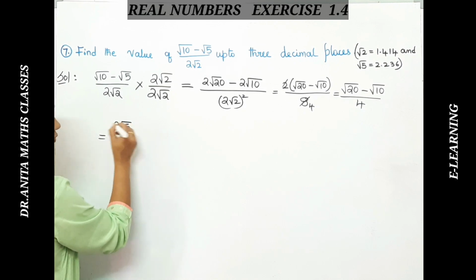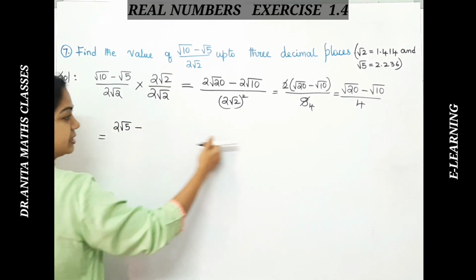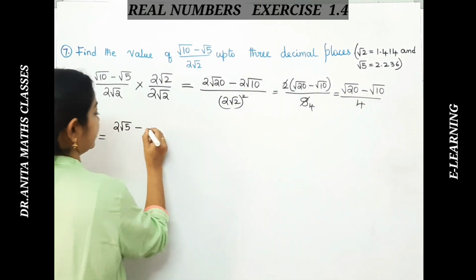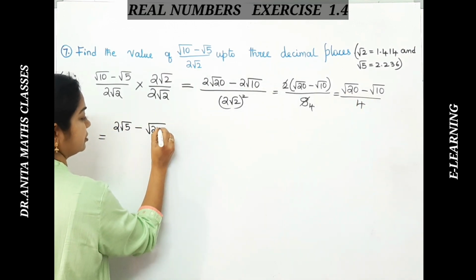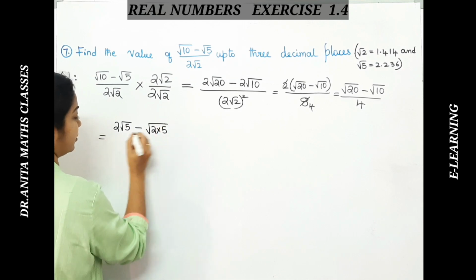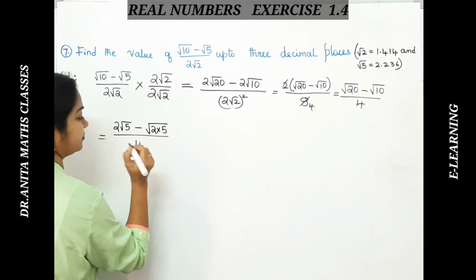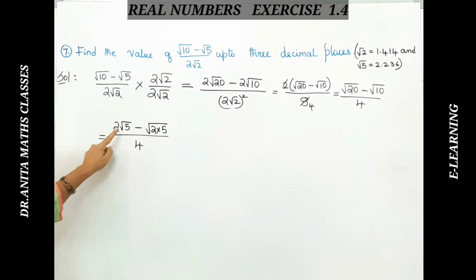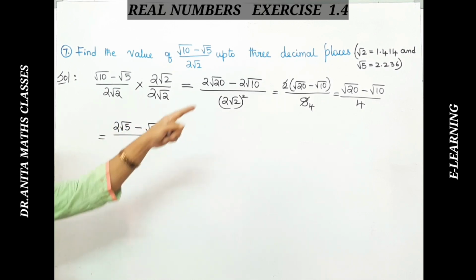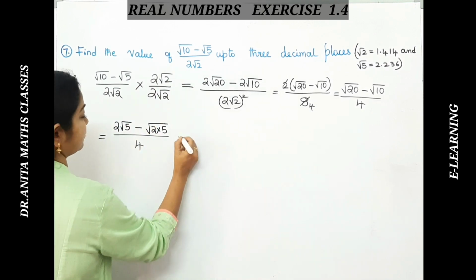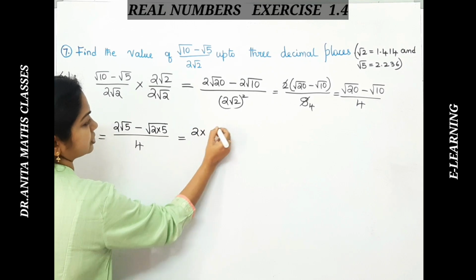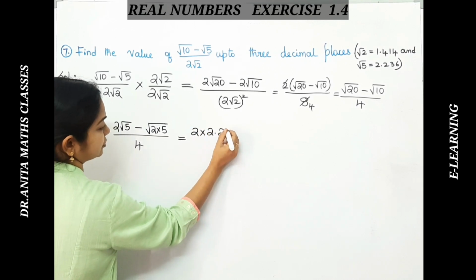And root 10 I can write as root 2 into root 5, over 4. I am bringing it into the form of root 5 and root 2 so that I can substitute the values. So we can substitute 2 into the value of root 5, which is 2.236.